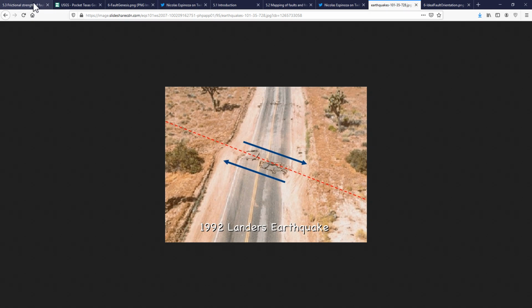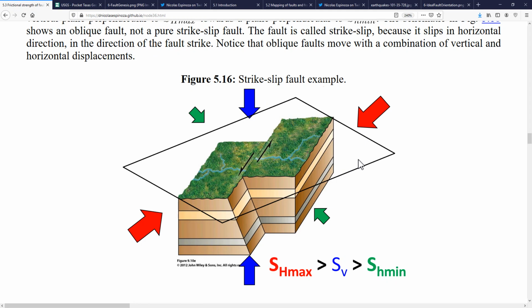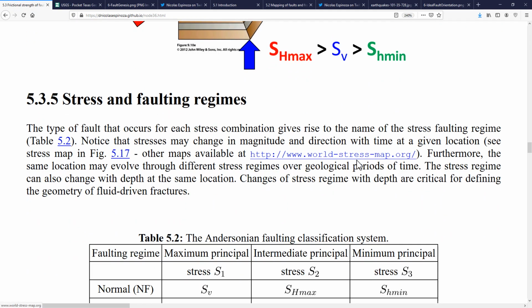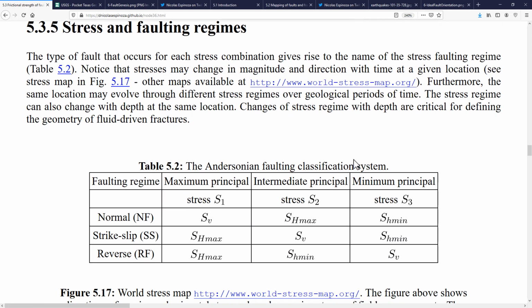Okay, so let me come back over here, and we have seen before that we have named stress regimes according to normal, strike-slip, and reverse. And I didn't give you a good explanation about that, but now you see that this comes actually from the classification of faults.